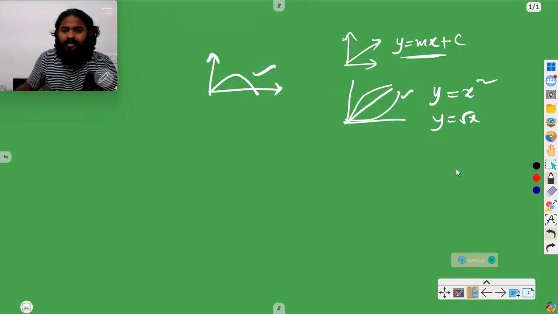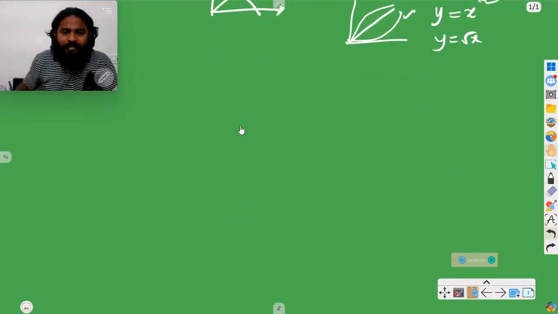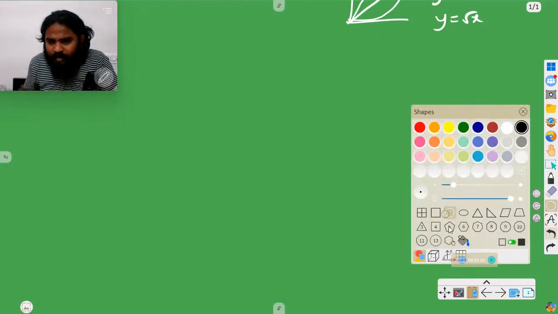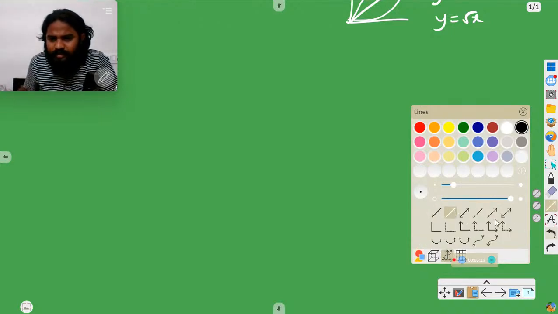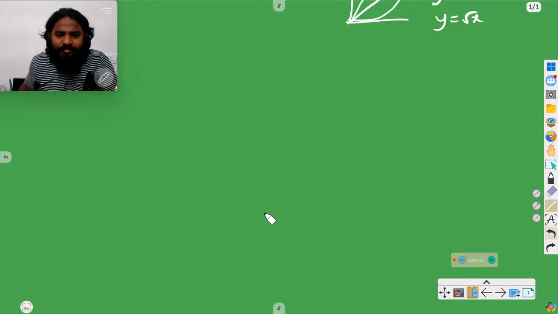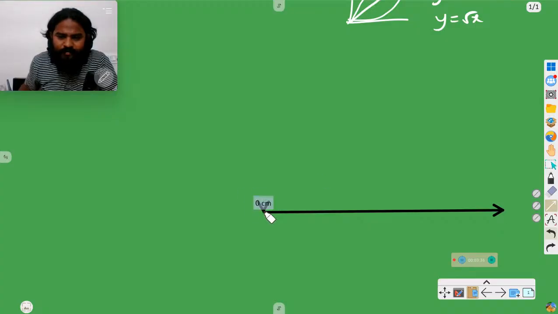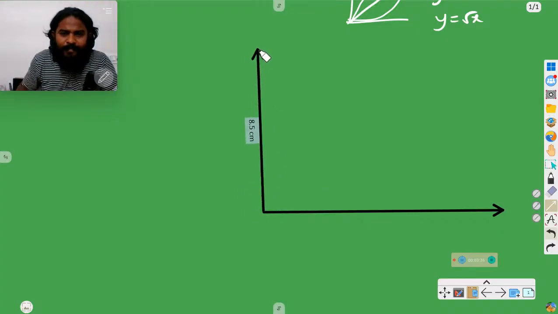So for this, let us have a projectile. Just imagine we have a projectile. This is the x-axis and this is the y-axis.